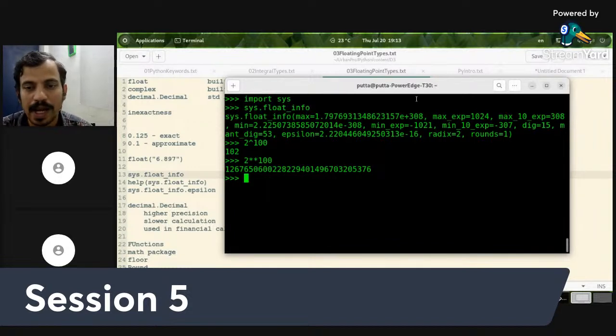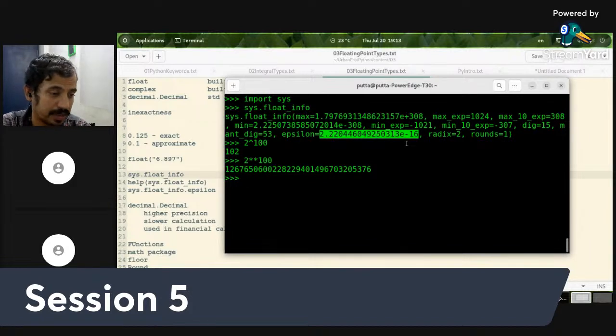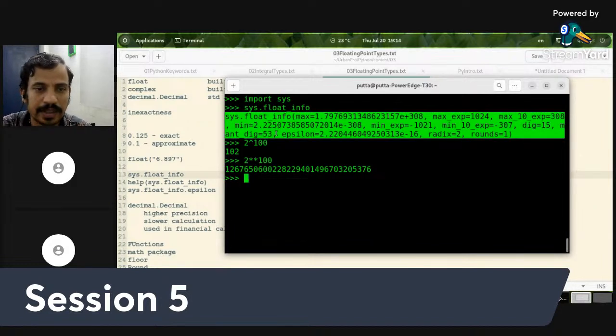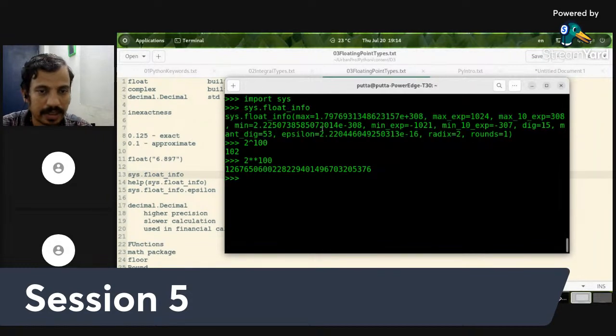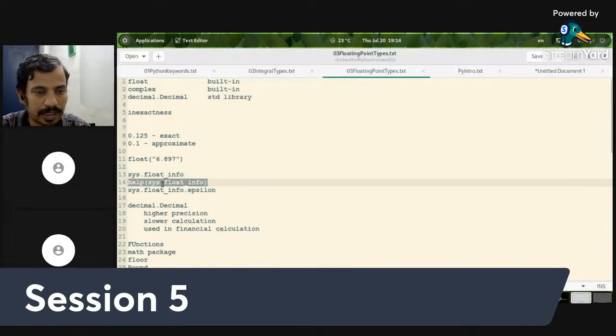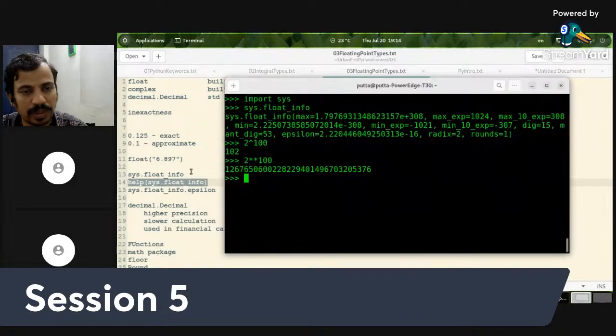And the smallest value that you can store is given by epsilon, 2.2 multiplied by 10 power minus 16. Minus 16 means almost 15 zeros after the decimal point, and so on. So this is with regard to the range of the float value. You can further explore the details by using the help function.